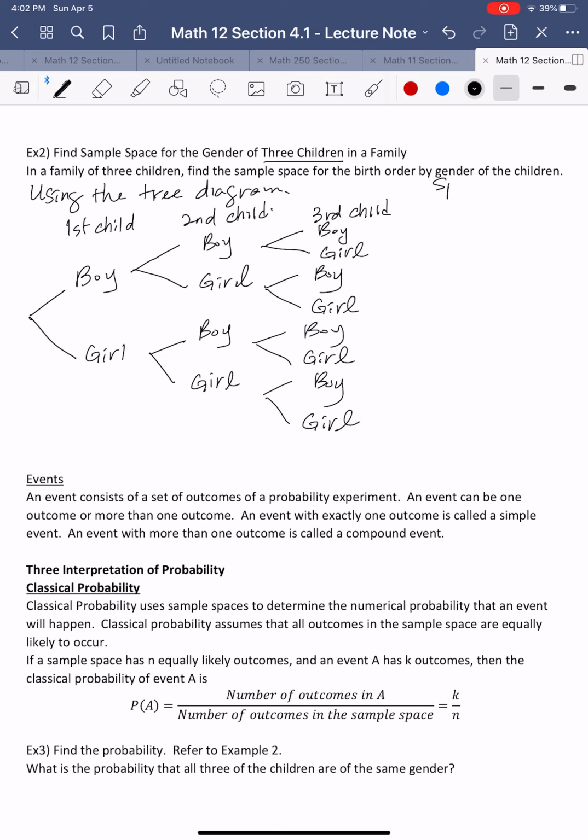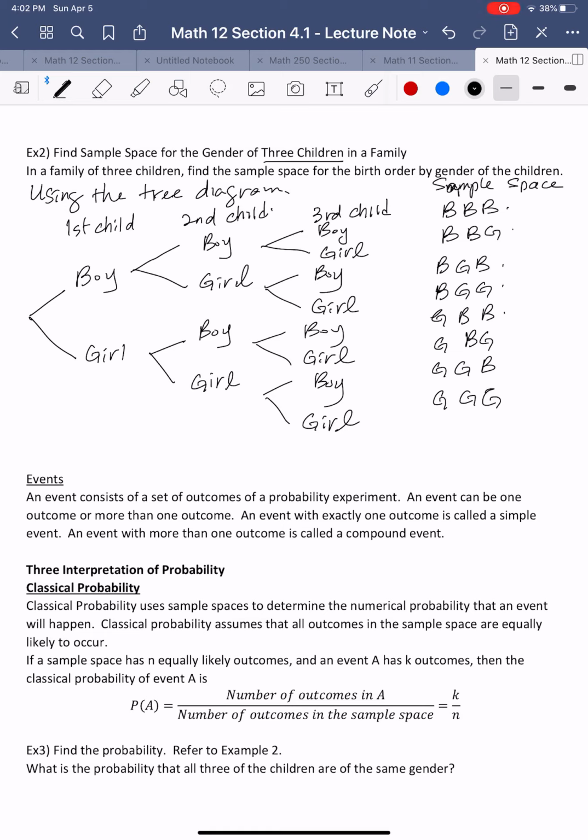So, as a sample space, that's it. The outcomes are boy-boy-boy, boy-boy-girl, boy-girl-boy, boy-girl-girl, girl-boy-boy, girl-boy-girl, girl-girl-boy, and girl-girl-girl. So there are 1, 2, 3, 4, 5, 6, 7, 8.